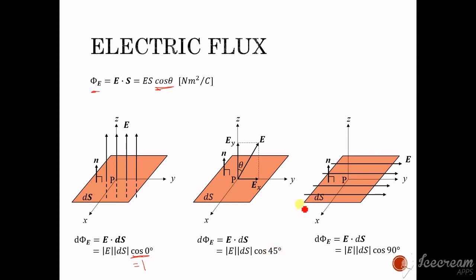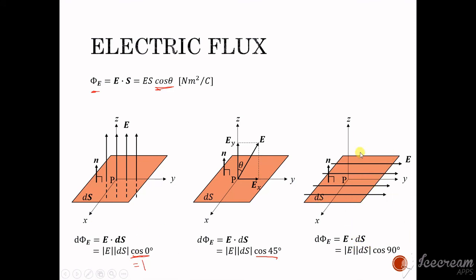Okay, so cos 45 is 0.7 something. So the dot product for these two vectors will be less than what we have over here.